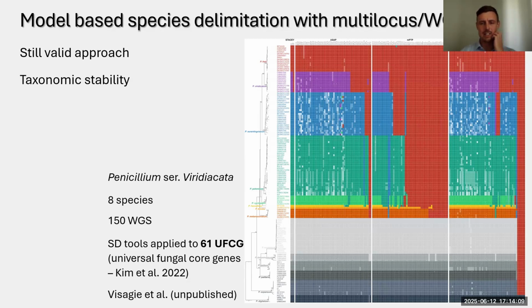This picture represents the preliminary results of the species delimitation methods, and it's based on 61 genes, based on the universal fungal core genes decided recently in this paper.